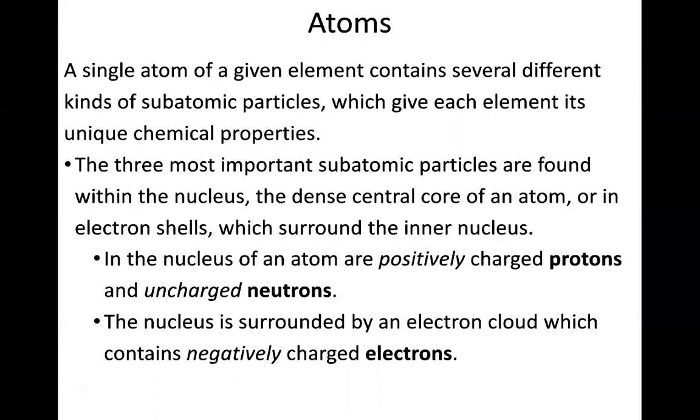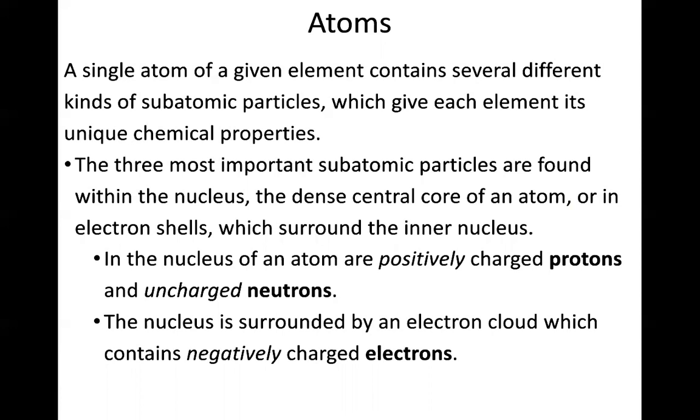All right, let's talk more about atoms. Okay, a single atom of a given element contains several different kinds of subatomic particles, which give each element its unique chemical properties, meaning each box in the periodic table, once again, represents a single atom.